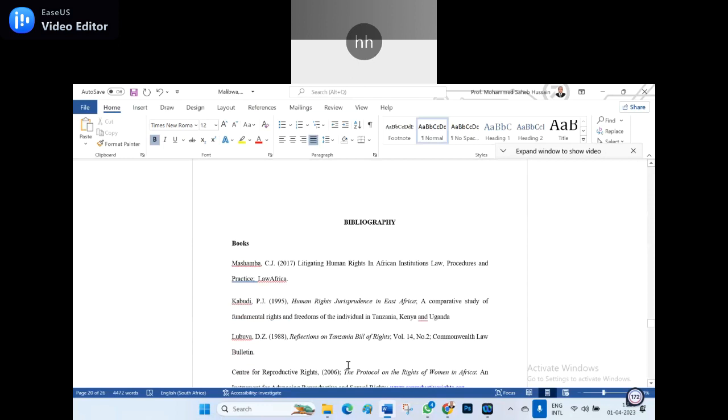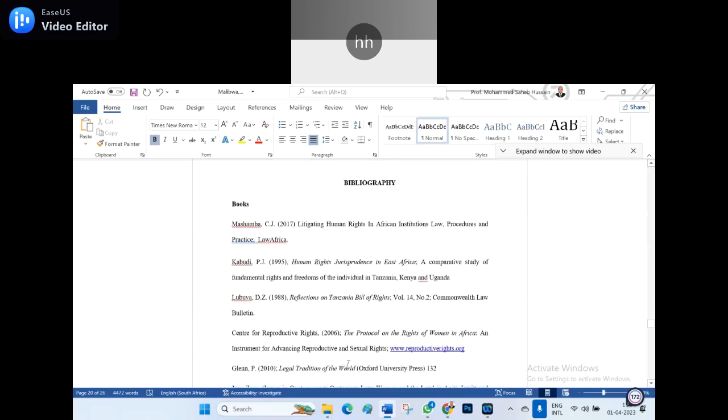But I don't know what style you used here. Because when I saw it, American Psychological Association, APA referencing, at the time, Mashamba, you wrote CJ Mashamba. The Mashamba should be a capital letter, followed by the CJ with full stops. C full stop J full stop, comma.